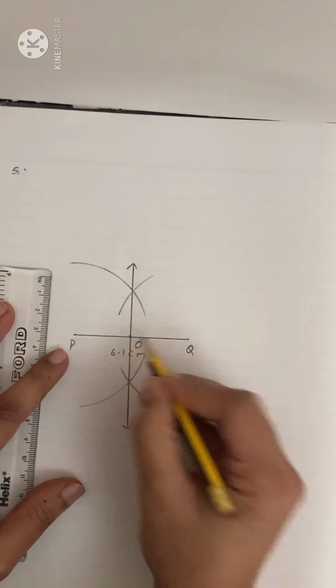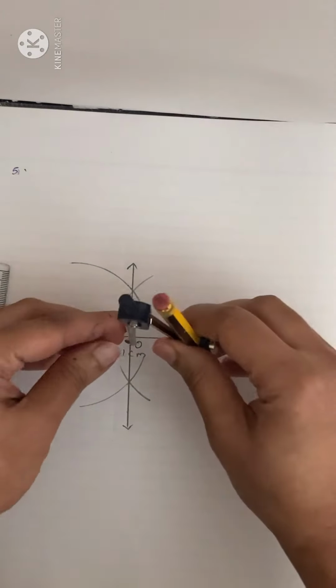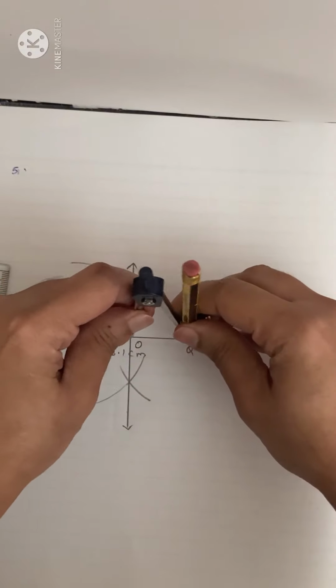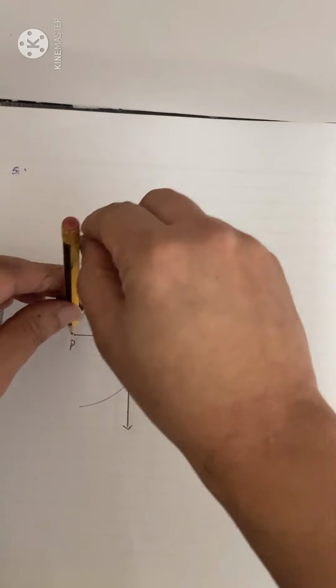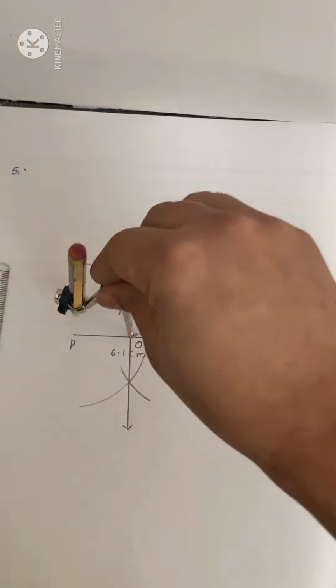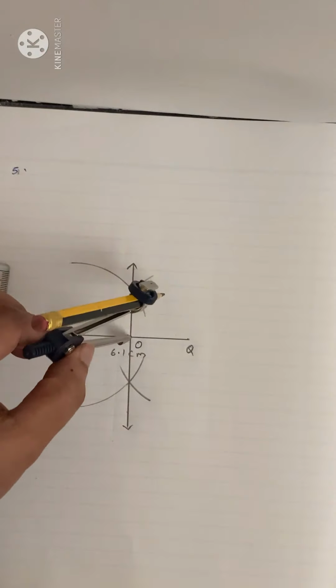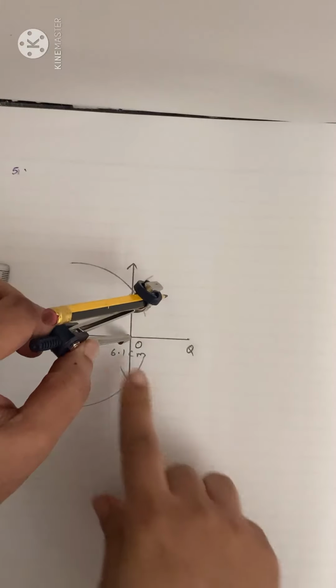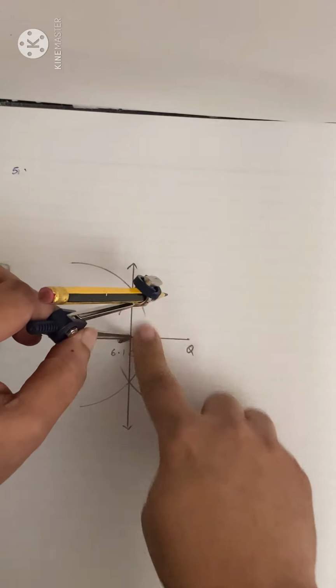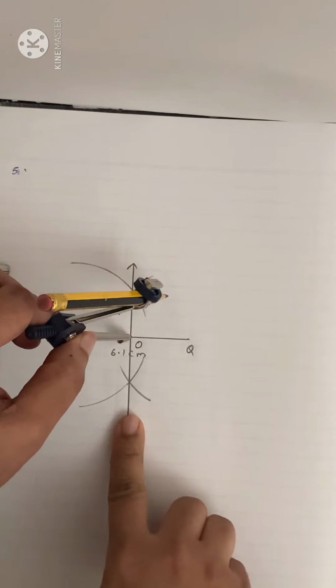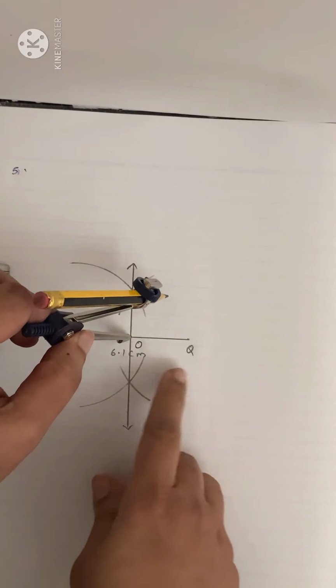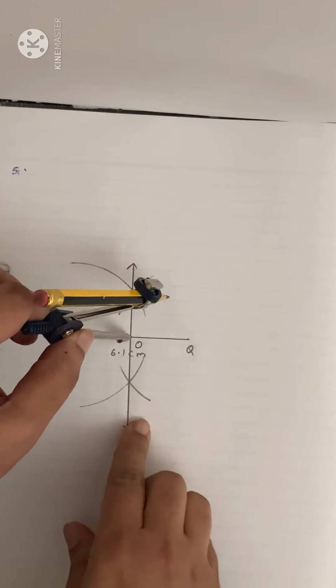Now with O as center, you can take either OQ or OP as radius, and you can draw a circle. Both are the same radius because this line is the perpendicular bisector, so it cuts the line segment into two equal parts.